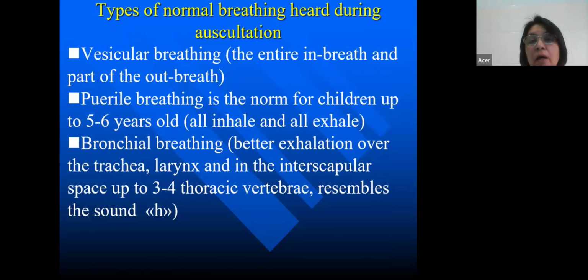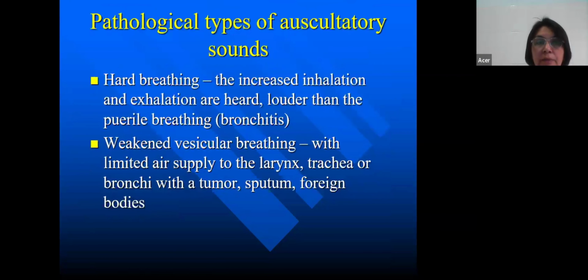Puerile breathing we can listen to in children up to 5-6 years old above the lungs. Bronchial breathing we can listen to in healthy children above the trachea, large bronchi, and larynx.